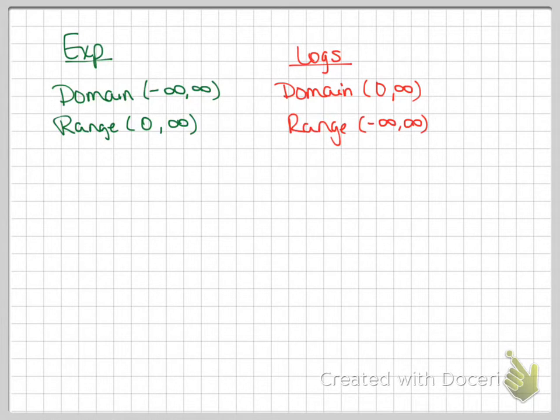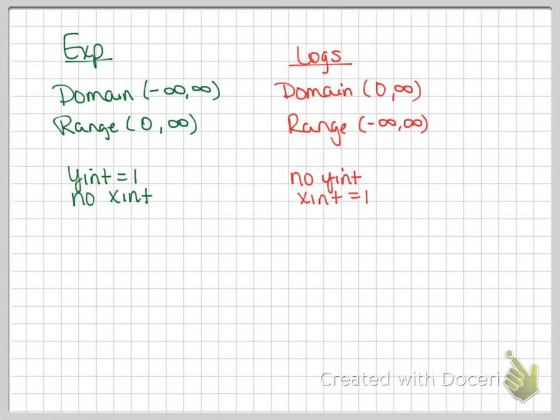With exponentials, the y-intercept is 1, and there's no x-intercept. Well, x and y switch for their inverse, which just happens to be a log. So there's going to be no y-intercept, and the x-intercept is at 1.